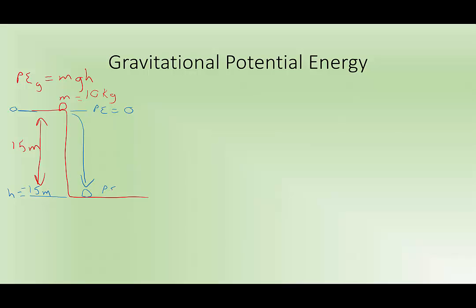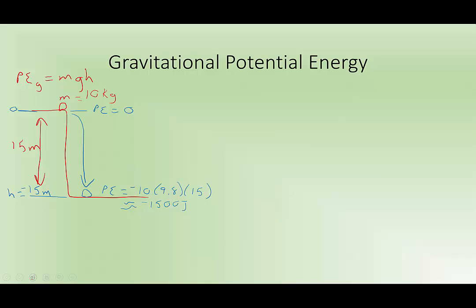So the potential energy down here would be a negative 10 times 9.8 times the 15, which is approximately 1,500, negative 1,500 joules. If we don't want to have our 0 point at the top of the cliff, we can do that too.